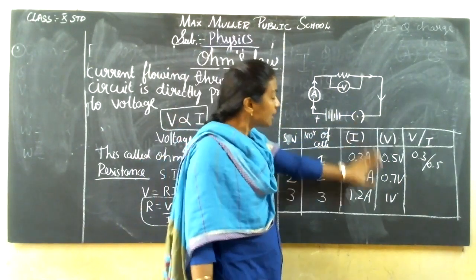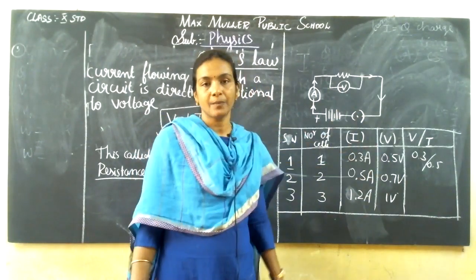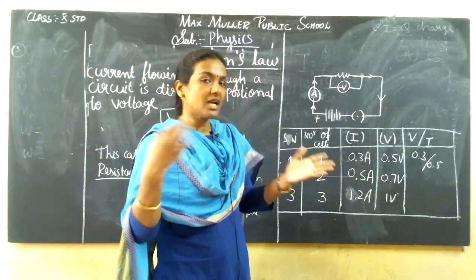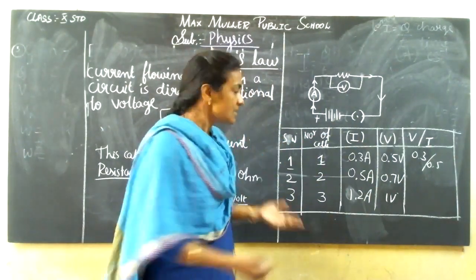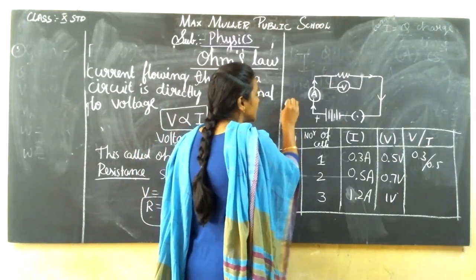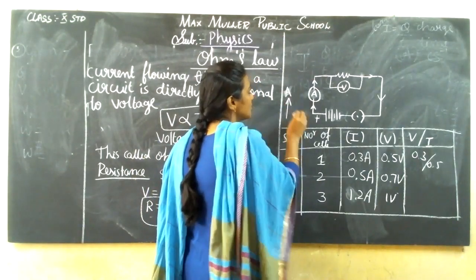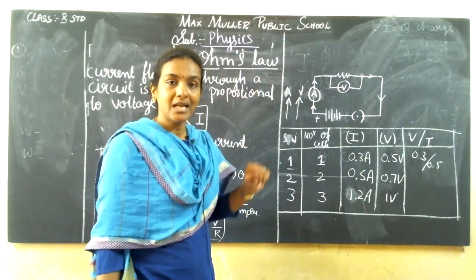So what do you get to know by seeing this activity? What will be your conclusion, guys? How are the current and potential difference, voltage, related here? They are definitely related. Whenever the current is more, voltage is also more.